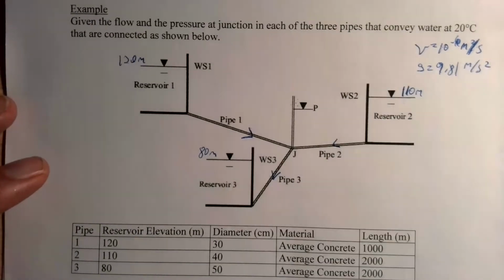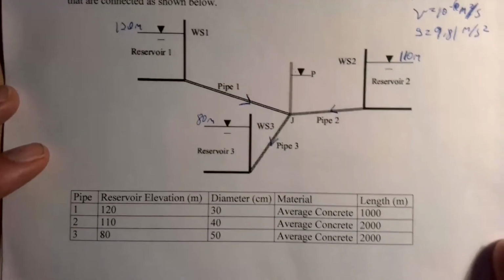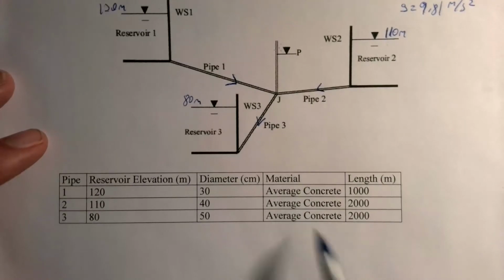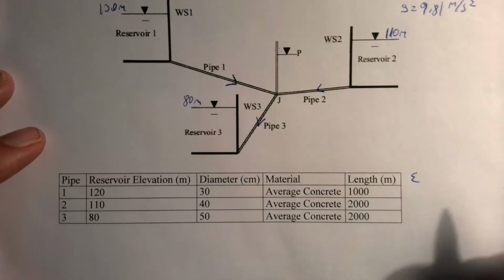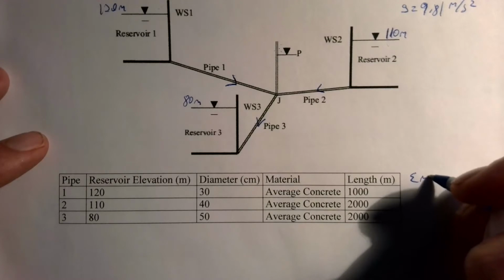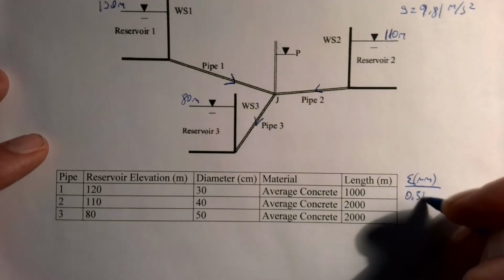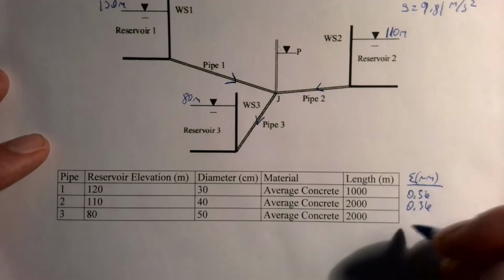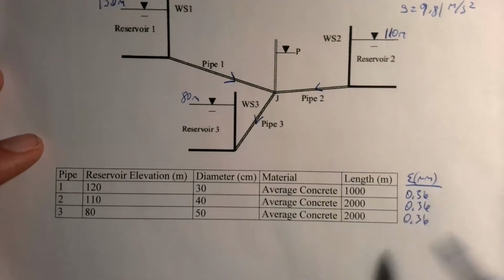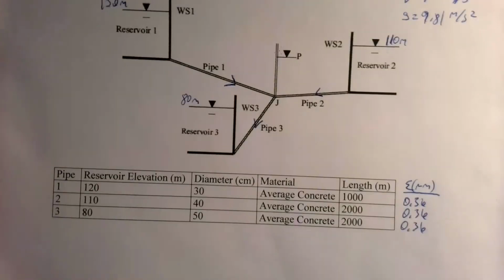All right, so what else do we need to do here? We need to get our friction factors for the fully turbulent case for each of these pipes. We're told that they're all average concrete, which means that our epsilon value here in millimeters is going to be 0.36. They don't have to be the same in all 3 pipes. It doesn't really make the problem any harder or easier if they're different.